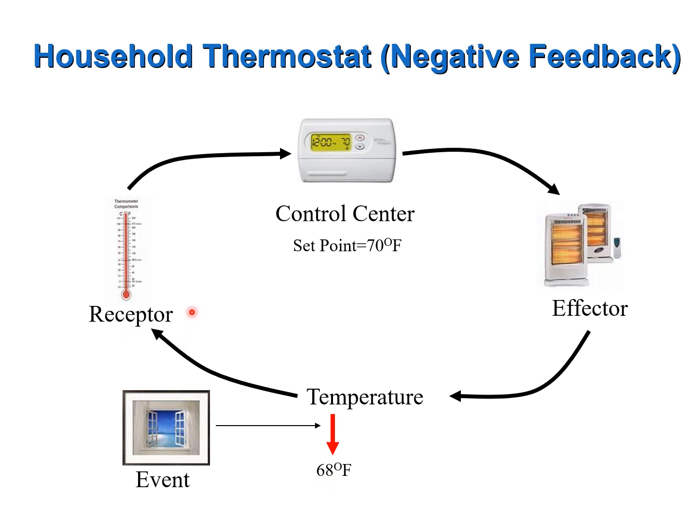That's detected by a thermometer. That's the receptor. It communicates that drop to the control center, the thermostat that's set to 70 degrees. The thermostat realizes that the actual temperature is now below the set point, and so it's going to close the switch. It's going to send electricity to the effector, which are the heaters, and the heaters are going to attempt to decrease or remove that drop in temperature, that stimulus.